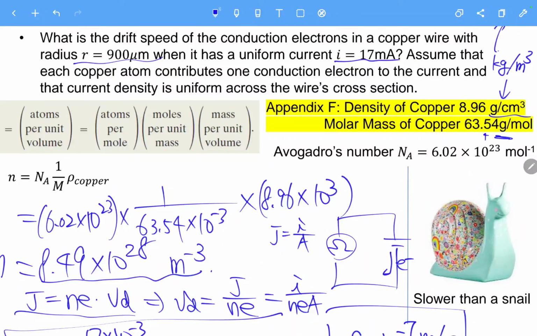So actually the electrons are really that slow, but throughout the loop there are many electrons, which means that if I switch on the light, all the electrons are going at a very slow speed. So actually the electrons right in front of the light will go in and be consumed by the light, so you can see the light turning on.